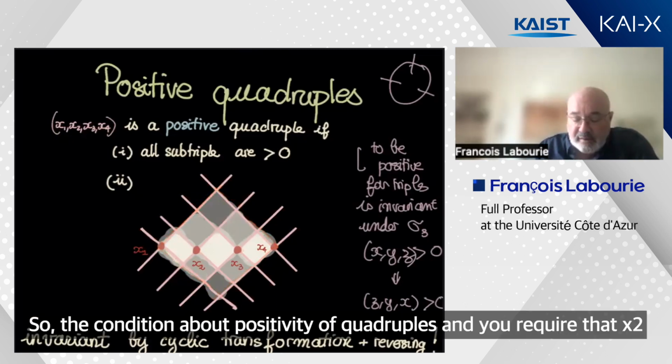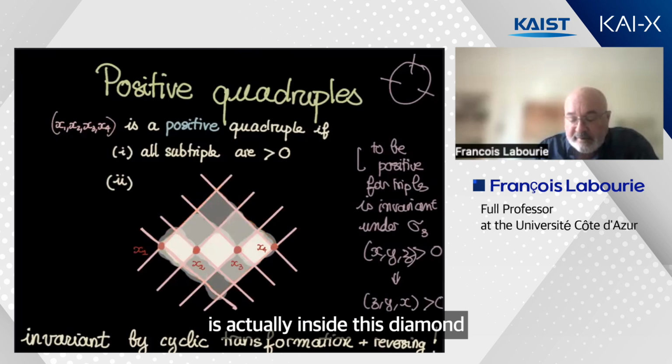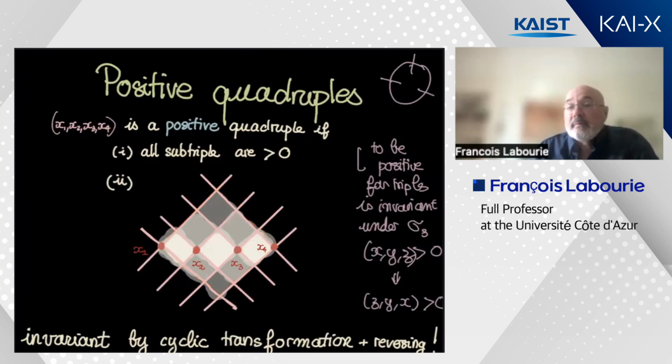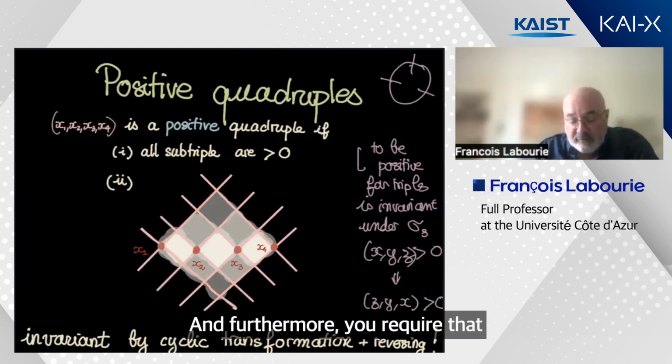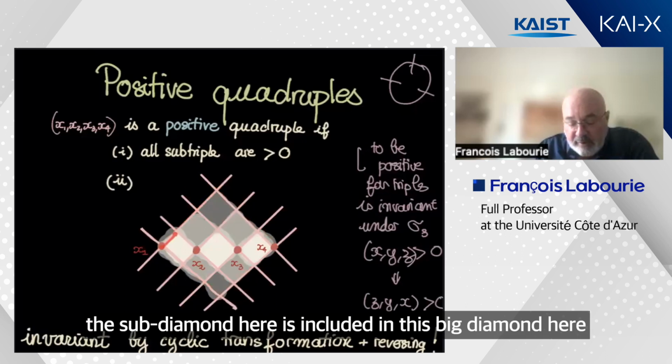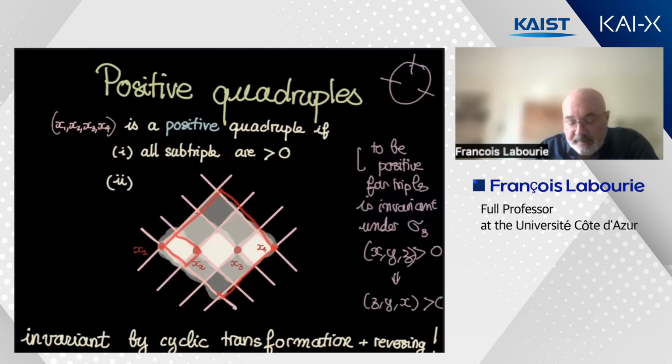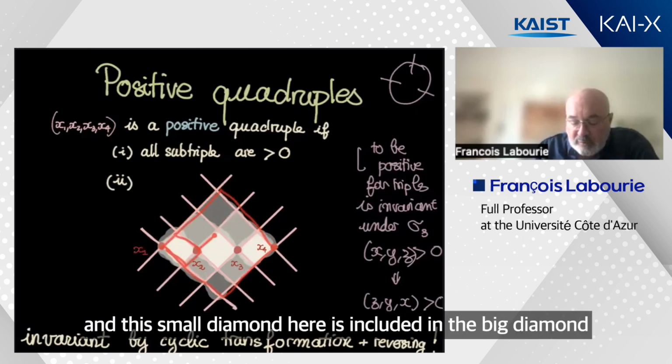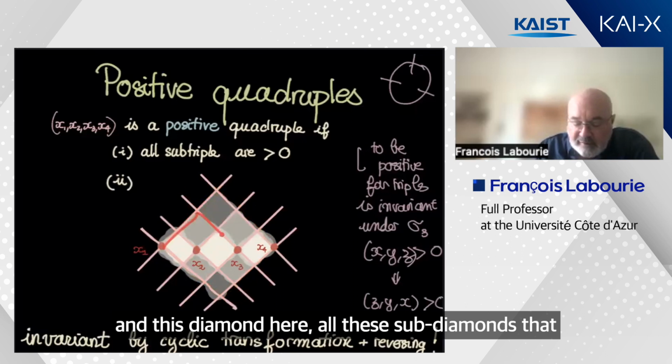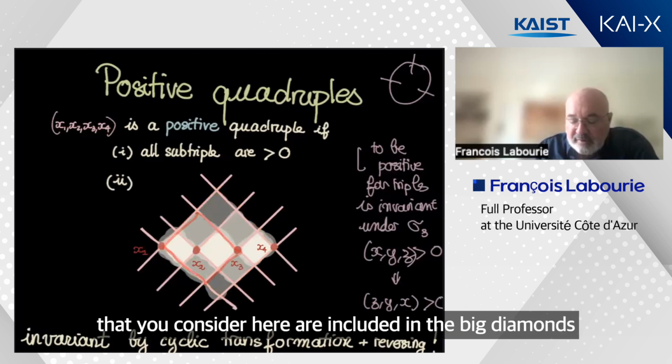The condition for positivity of the quadruple then requires that x2 is actually inside this diamond. Furthermore, you require that the subdiamonds are included in this big diamond. This small diamond here is included in the big diamond, and all the subdiamonds that you consider here are included in the big diamond.